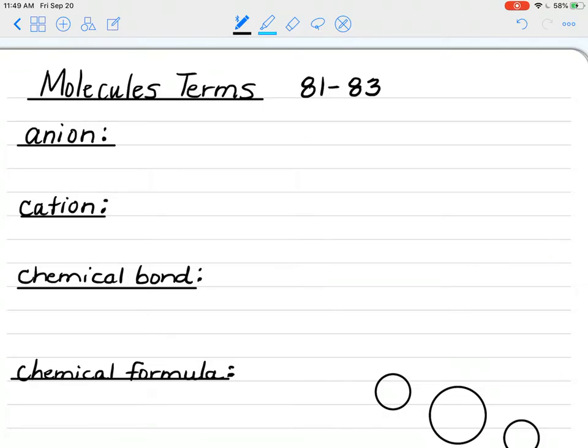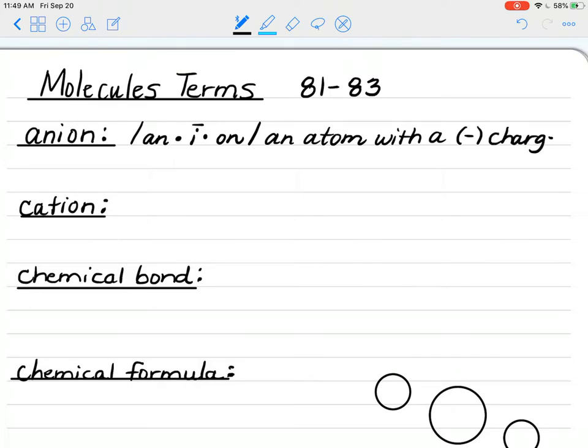The first term is pronounced anion. It looks like the word onion. Anion. An ion is an atom, like the model we just drew in the last video, with a negative charge as a result of gaining electrons.